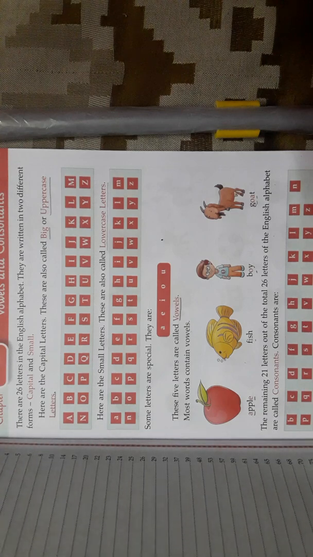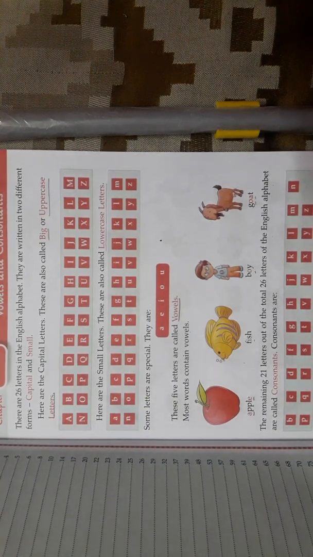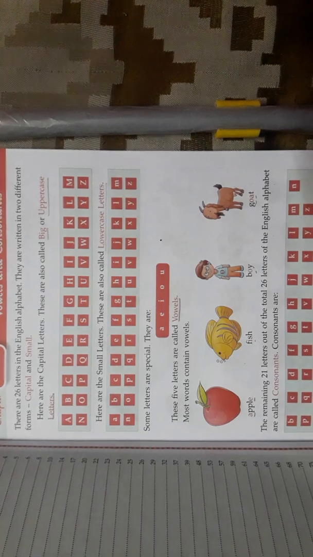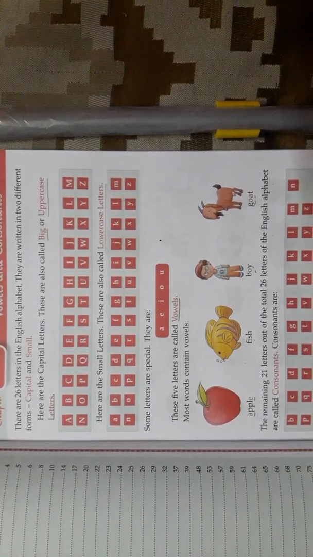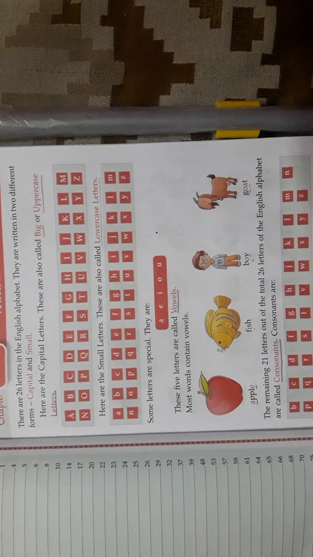Those 21 are consonants. After taking out the vowels from the English alphabet, A, E, I, O, U, we have 21 letters remaining. So those 21 letters are called consonants. Underline consonants.